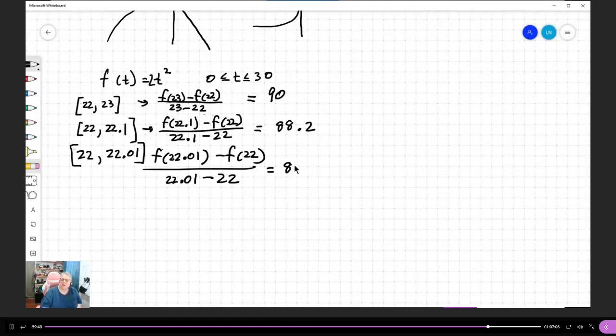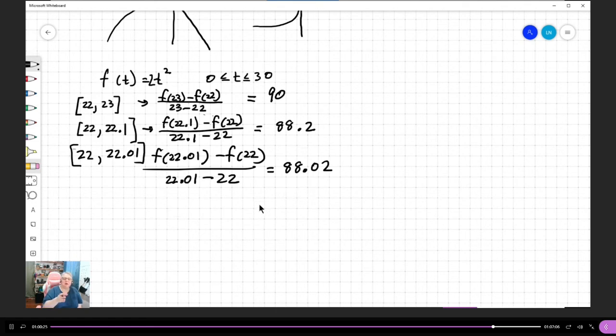And the third one ends up being 88.02. Now we can continue with this, and I think what we're going to find is the same thing that happened with the maglev train when we did this process. Each time I throw another 0 in here, it's going to throw another 0 in here. So I can make a claim at this point that this is probably going to be approaching 88.